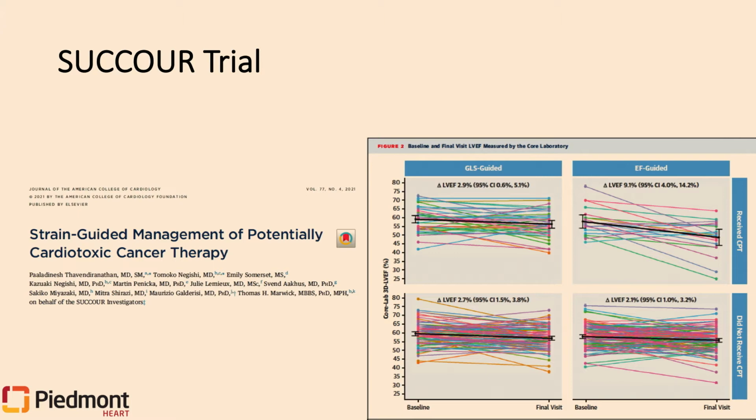And what they looked at was the patients who dropped their EF and were started on cardioprotective therapy, such as beta blockers and ACE inhibitors, were compared with the patients whose strain was dropping and started on such therapies. And then at the final visit, their EFs were recalculated.